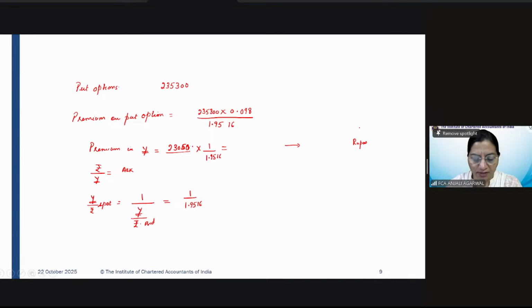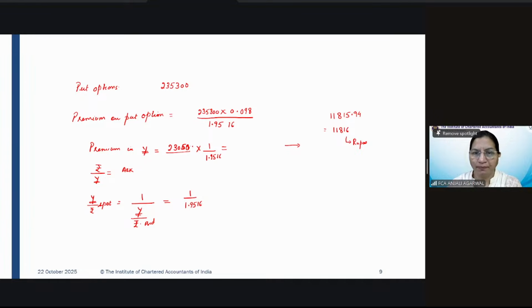Why are we using the spot rate here? Because premium is payable upfront. Premium on option will not be payable on 30th June. Premium would be payable upfront. So 11,815.94 rupees, which can be rounded off to 11,816 rupees, is to be paid as option premium.